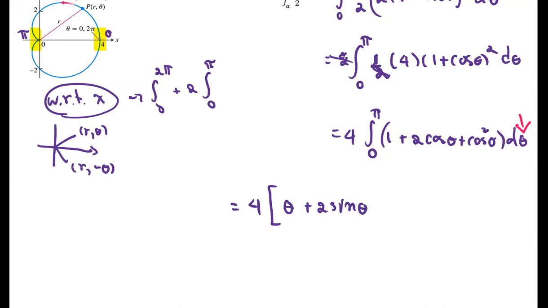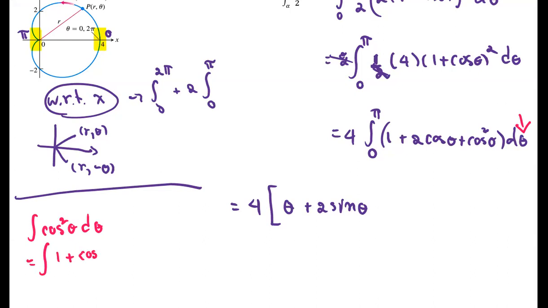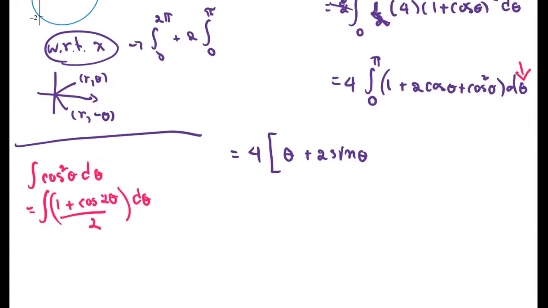If you recall the technique of integration, I'm going to put a note on the side here, the integral of cosine squared theta with respect to theta, we're going to apply the formula, which is 1 plus cosine of double angle, divided by 2, one of the trig identities to represent the cosine squared.